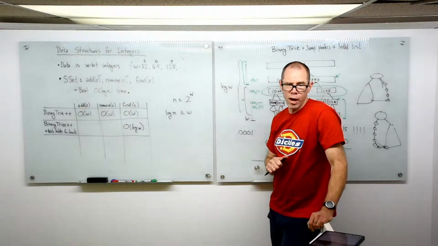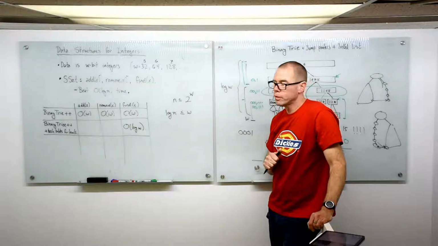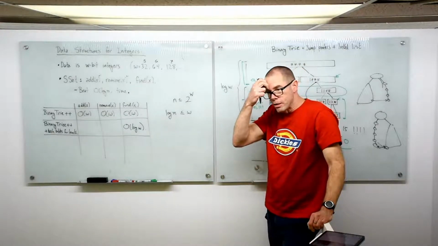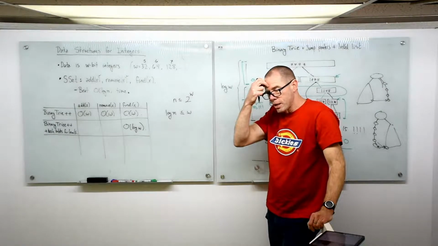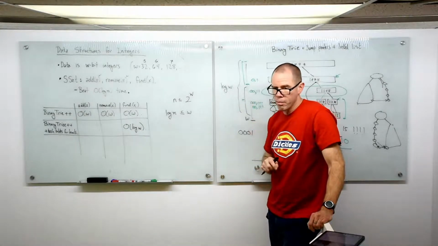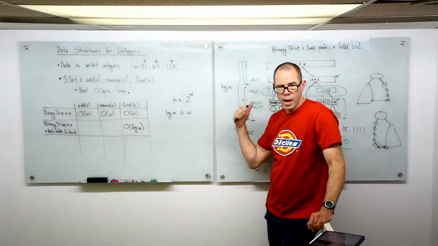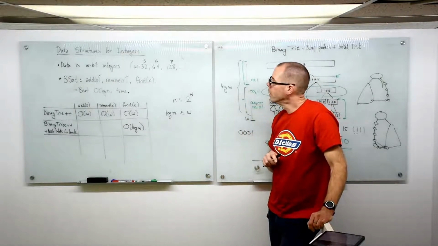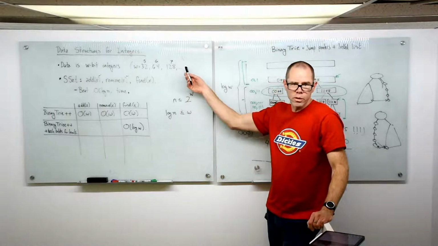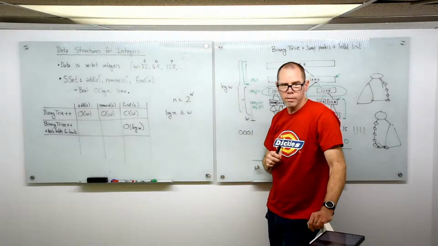There's a lot of 128-bit integers, a huge number of them. And this says that you give me any set of 128-bit integers, I can store them in this data structure so that in 7 steps you can tell me whether something is in the set.